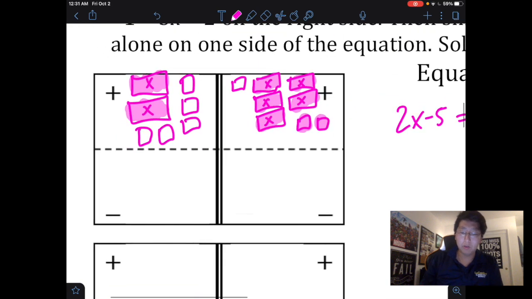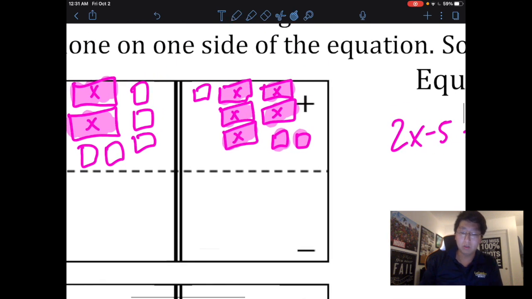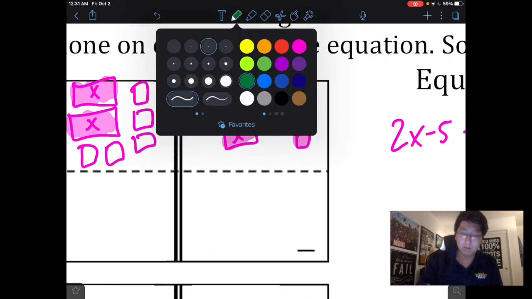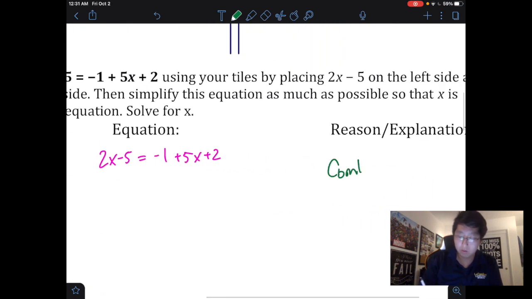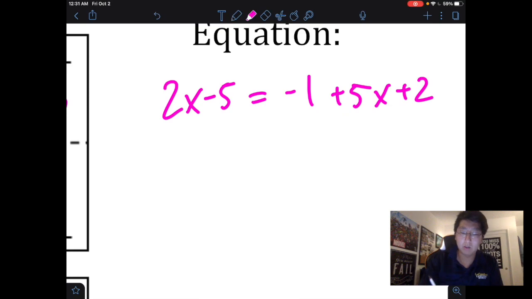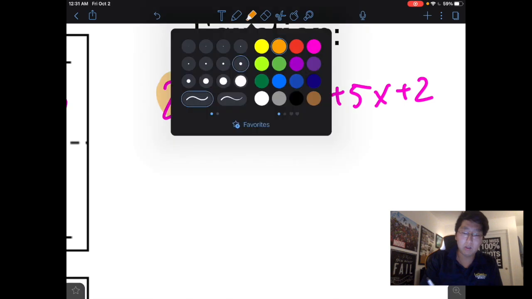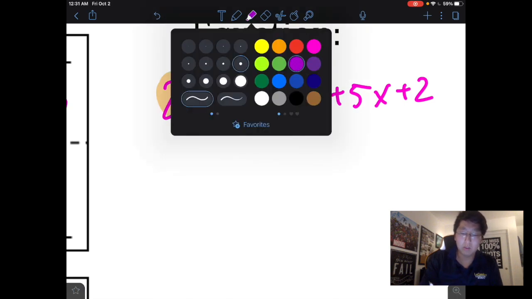Alright, the first thing we're going to do, because there is no opposite line, is create zeros. There's only 1 zero I could see right here. And the same concept here is combine like terms. So let's go ahead and combine like terms. There's nothing on the left we can combine. 2x and minus 5, we can't do anything, so I'm just going to leave that there.